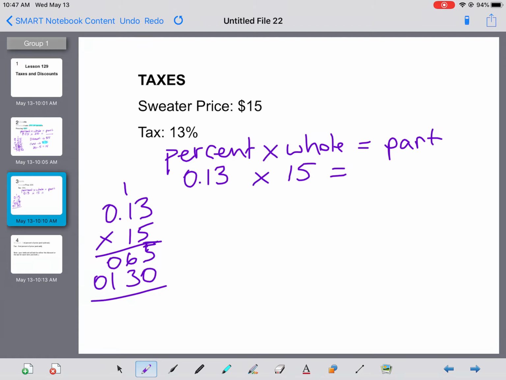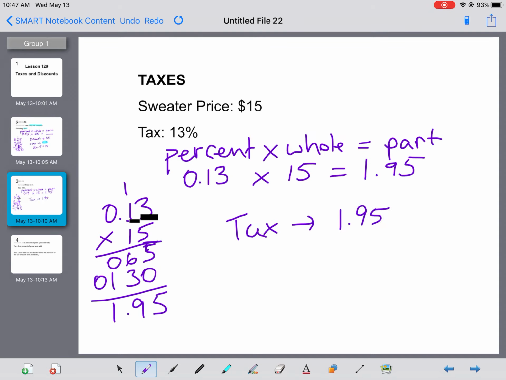And, oh dear, a little bit messy here. Hopefully I can figure out my own scribblings. And you end up with, remembering our 2 decimal places, $1.95. So the tax for that sweater that costs $15 is going to be $1.95.